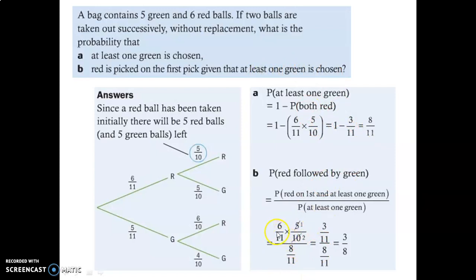And on top we have picks a green on the first pick, which is only this path here, 5/11 times 6/10. Oh, sorry, red on the first is here, so 6/11 times 5/10. So that's red and green, and then divided by at least 1 green. Again, this is kind of tricky, so make sure you study this carefully.